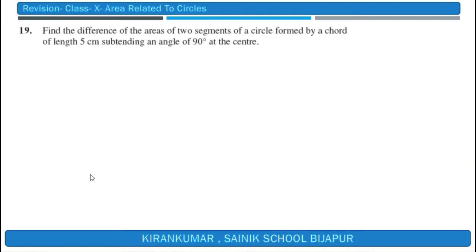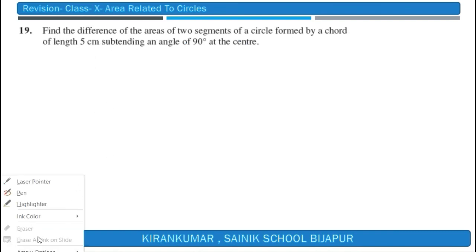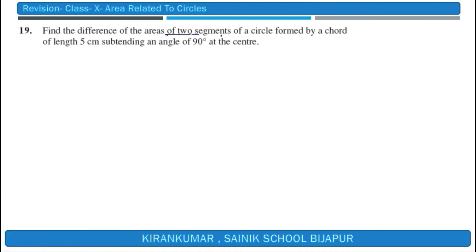Question number 19. Find the difference of areas of two segments of a circle formed by a chord of length 5 cm, subtending an angle of 90 degrees at the center. Let me draw a rough figure.